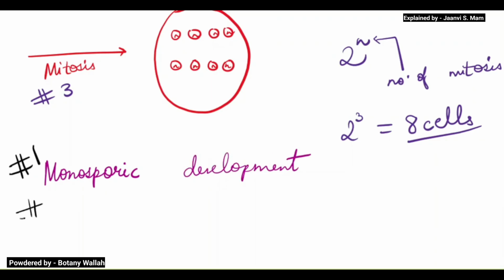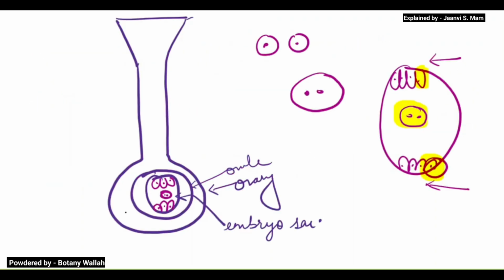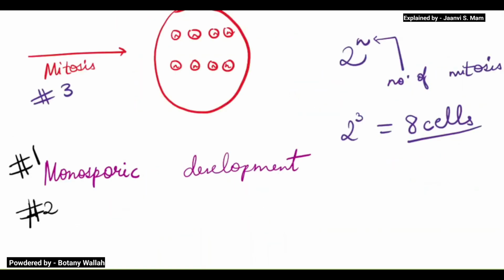Now the second point you should know is that here the development is internal. Everything is happening inside: inside the ovary, inside the ovule, inside the embryo sac. Since it's happening inside, we say it is endosporous.